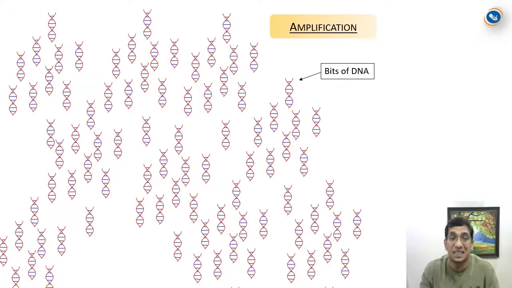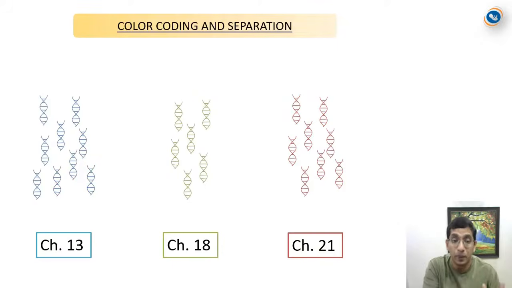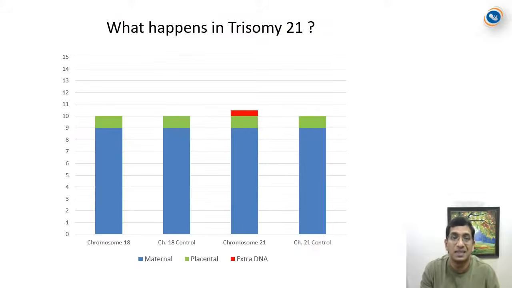After amplification, this DNA is sequenced and grouped according to which chromosome it is coming from. Remember, even at this stage we have no idea which bit comes from the mother and which from the placenta. Based on the amount of DNA located on each chromosome, the analyzer then plots a graph.